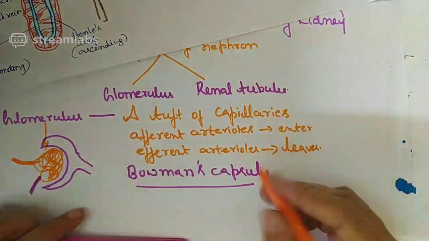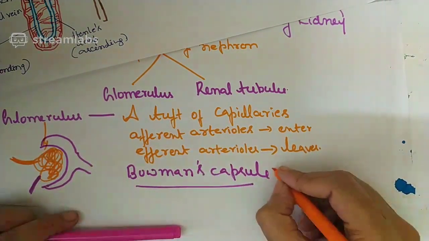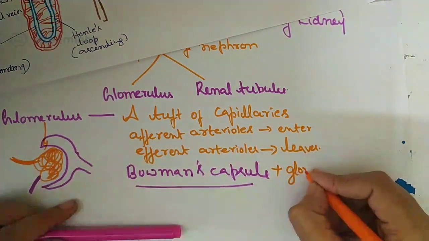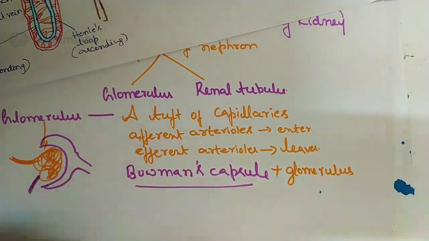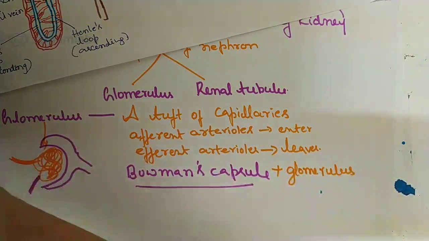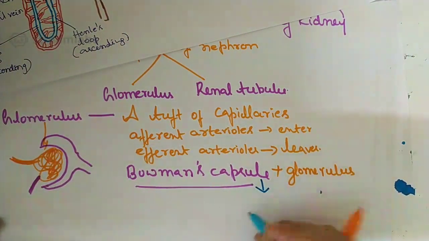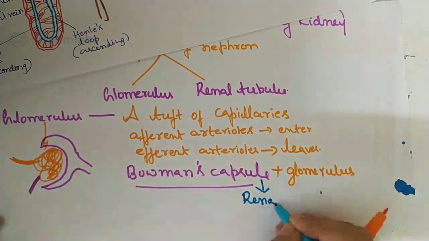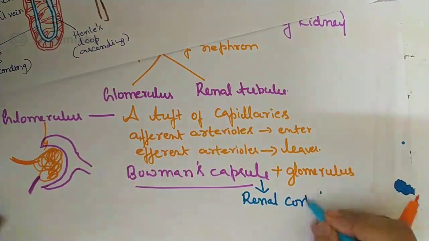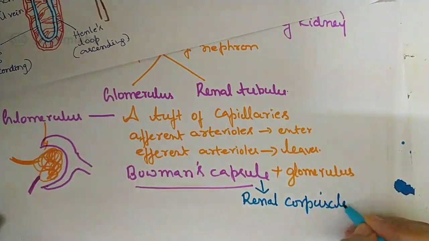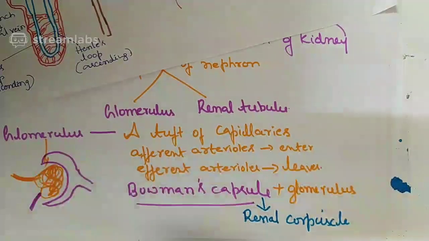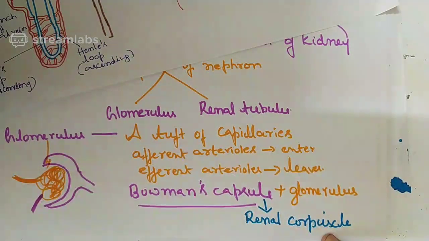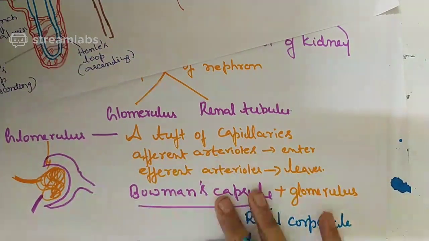So students, the Bowman's capsule along with the glomerulus is called the renal corpuscle. Okay, these two together are called the renal corpuscle. Renal refers to kidney.